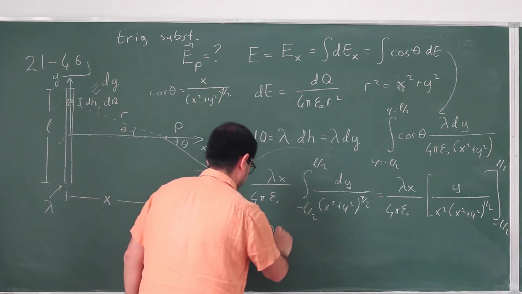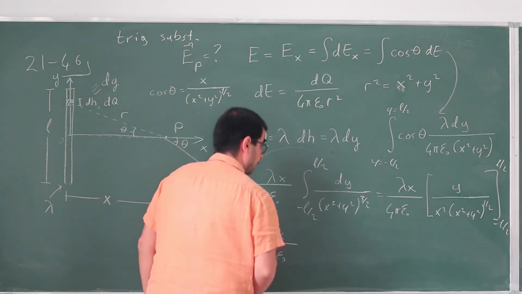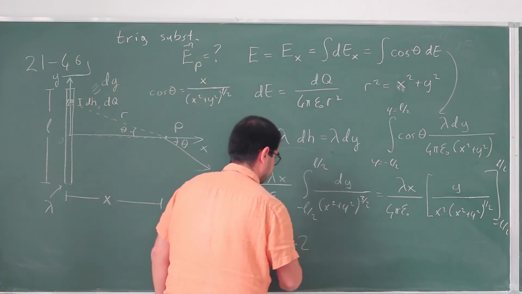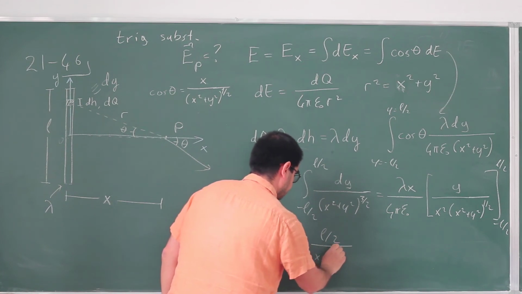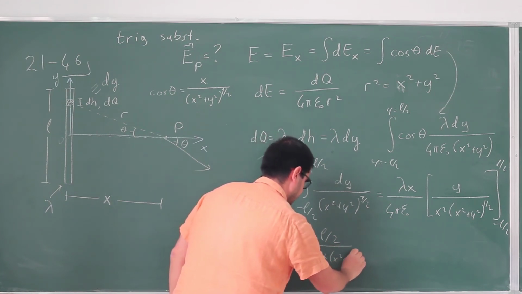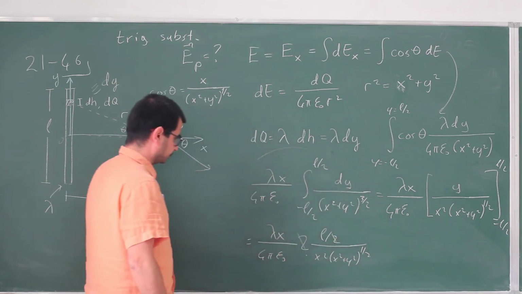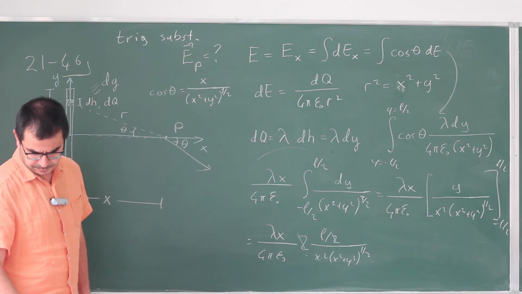So lambda x over 4 pi epsilon naught. I will substitute L over 2, times 2, over x squared plus y squared to a half. These go away, and hopefully we actually have the expression over there.